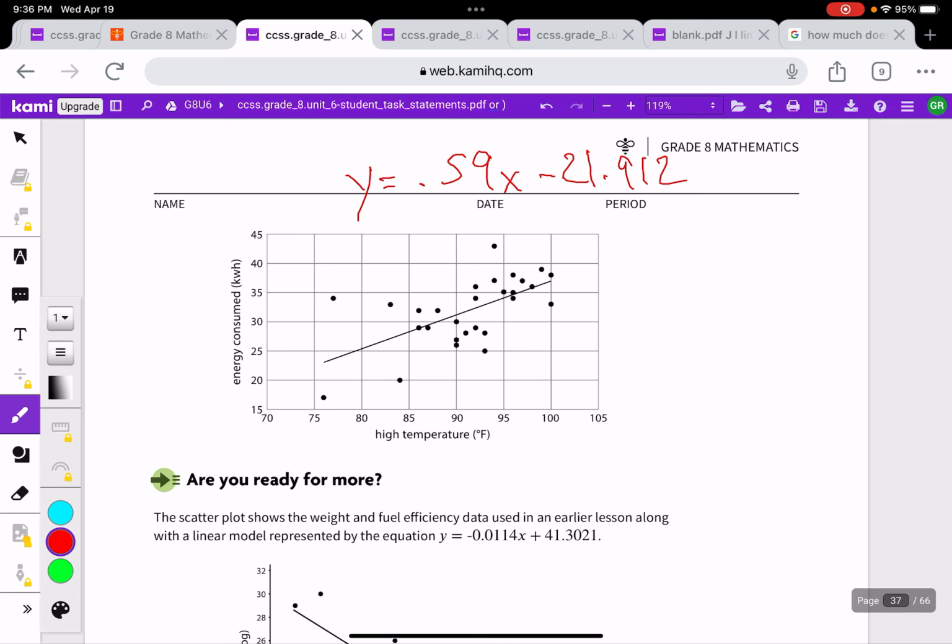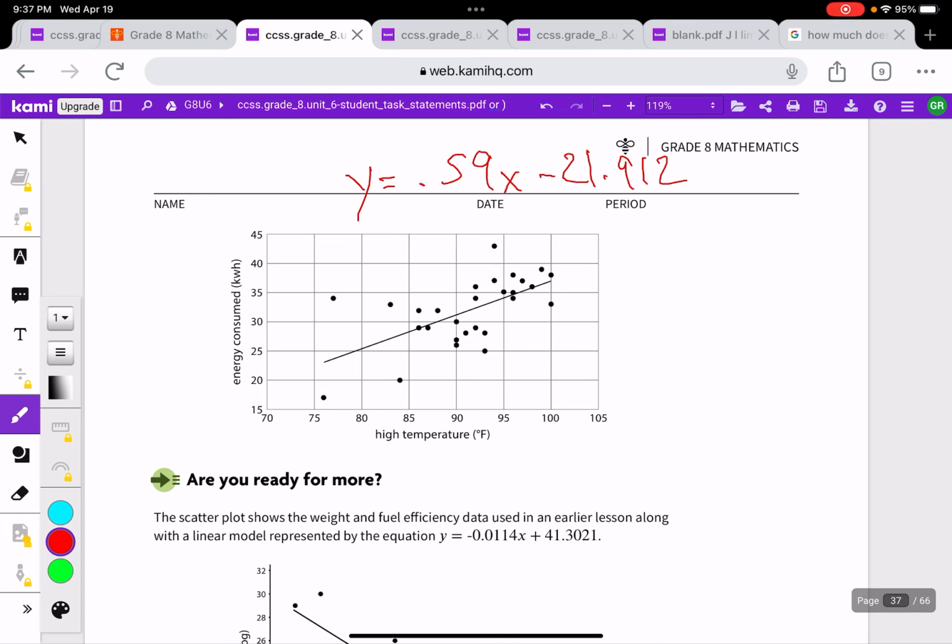So kilowatt hours, or 0.59 kilowatt hours per, it says high temperature, per degree. So you could say, what does the slope mean? It means every time I add 1 degree of temperature, kilowatt hours goes up 0.59.